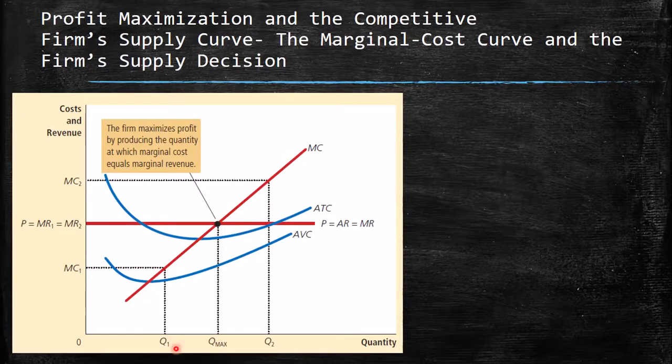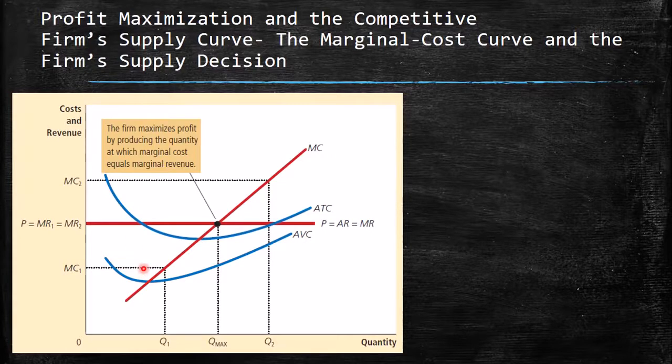So think about this first one. When we have this quantity 1, we have this marginal cost, and the price is this one, or your marginal revenue is this one. What you're going to visualize here is that your next unit will receive much more than the cost.